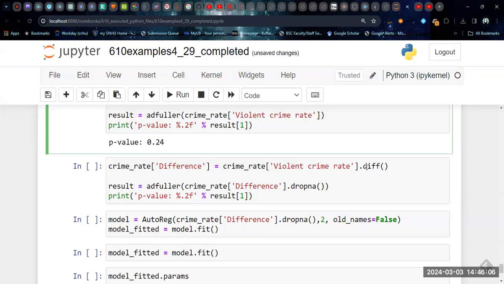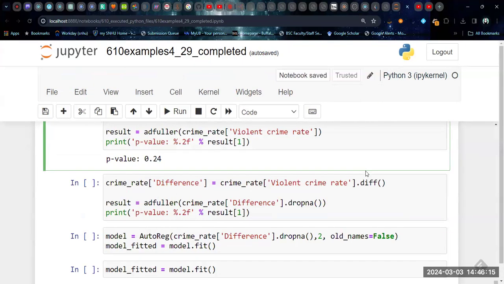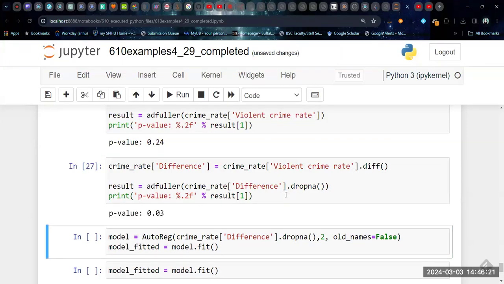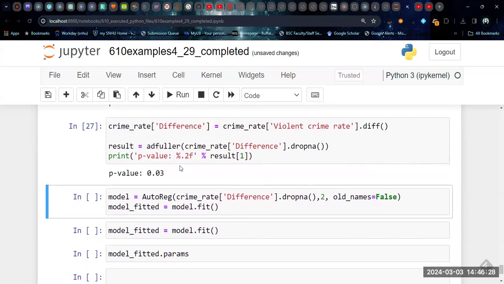So essentially, we're taking the difference between observation 1 and observation 2, and then the difference between observation 2 and observation 3. So is that rate of increase stationary or not? And when we do one set of differences, we do in fact get a p-value that drops below the threshold. So that indicates that while the original data was not stationary, the differences are.